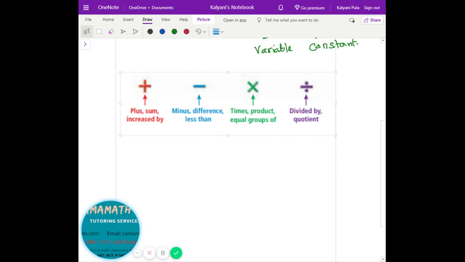Right. So if you look at plus, sum, increased by, any of these vocabulary, you're obviously going to write a plus. Minus, difference, less than, you use a minus sign. Times, product, equal groups of, that means multiplication. Divided by, quotient, we use a divide sign there. Does that make sense?